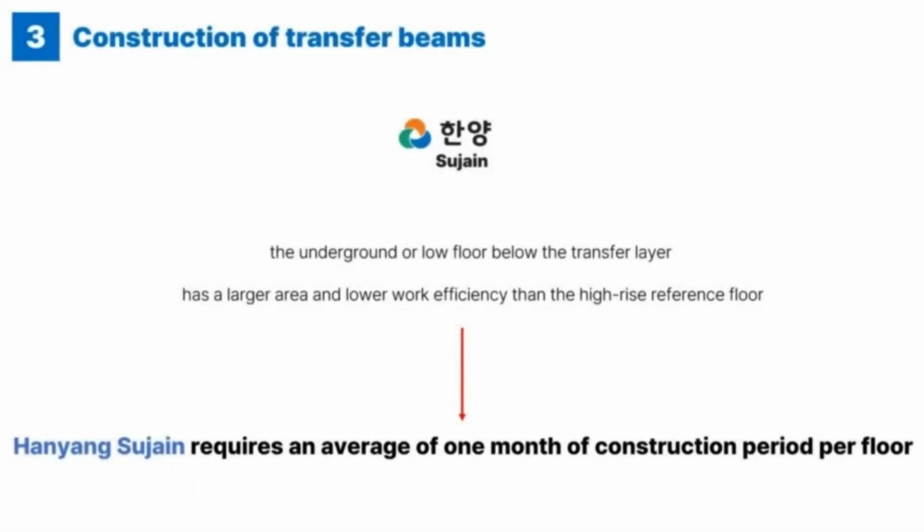Currently, the method used in Hanyang Sujain requires an average of 1 month of construction period per floor because the underground or lower floor below the transfer layer has a larger area and lower work efficiency than the high-rise reference floor.